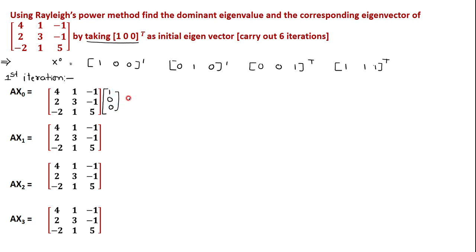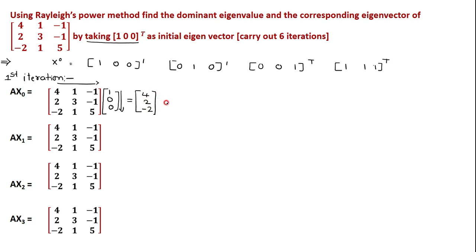It's a matrix multiplication, row into column. Since it is a 3 cross 3 matrix and here it is a 3 cross 1 matrix, the answer matrix will be a column matrix with the elements 4, 2, minus 2. So this is the multiplication of A x naught.